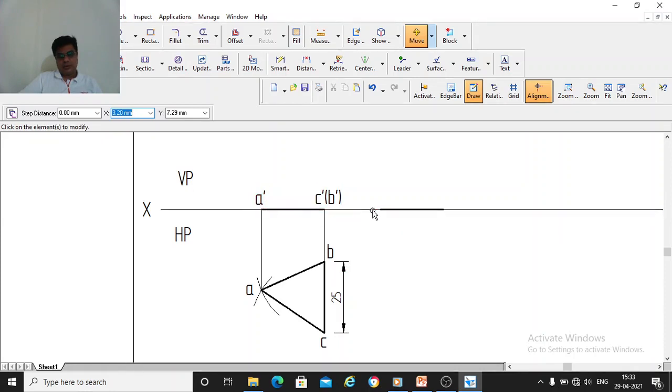So this corner A is here on the HP and I will be lifting this C dash, this edge BC. When I tilt it, the surface will make 60 degrees with the HP and this edge will go up, and in the front view this line AC is inclined to HP at 60 degrees.